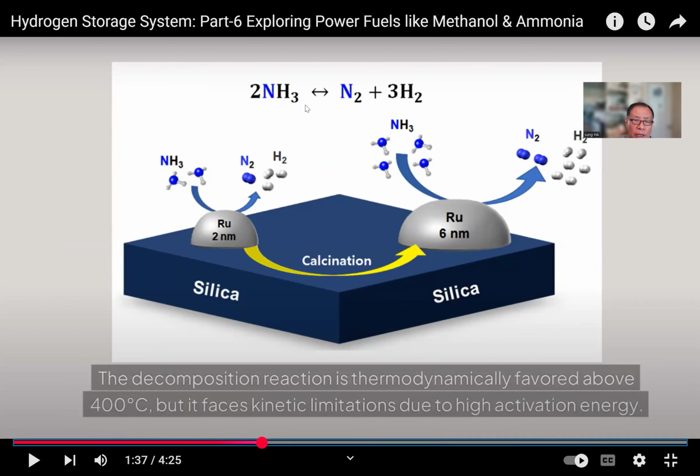Well, ammonia now has the nitrogen and hydrogen. So the hydrogen can be carried in terms of ammonia. So as you can see, we have to have conversion procedures to use the hydrogen. But there is a recent technology.